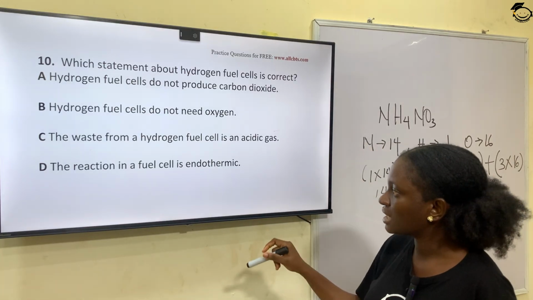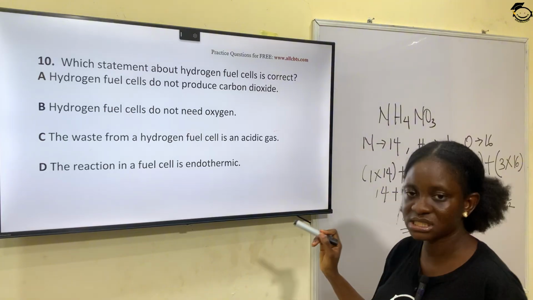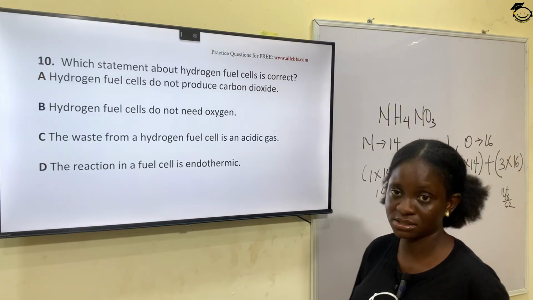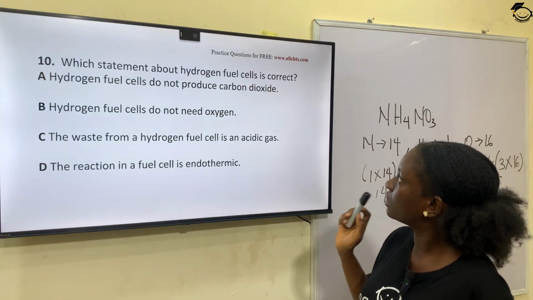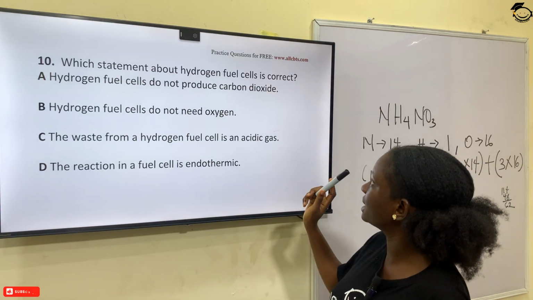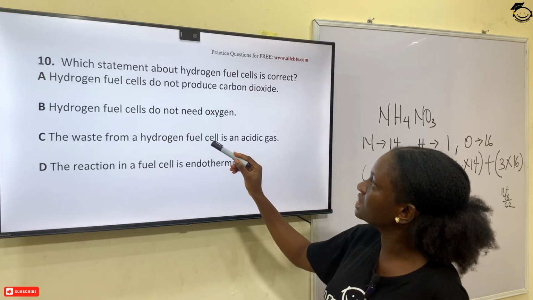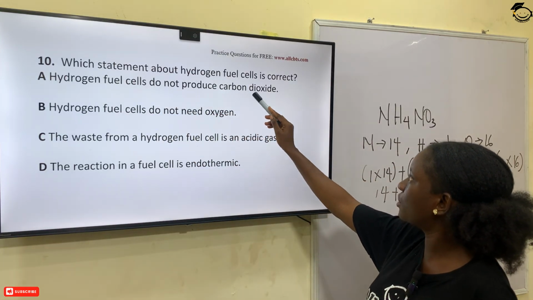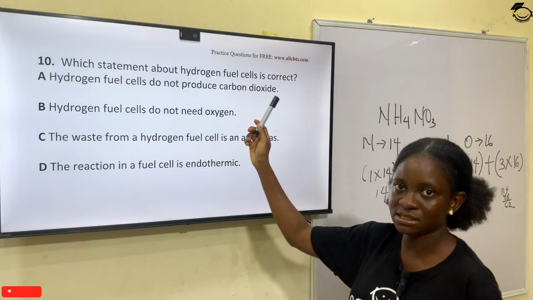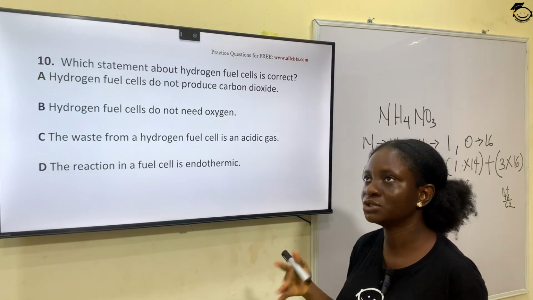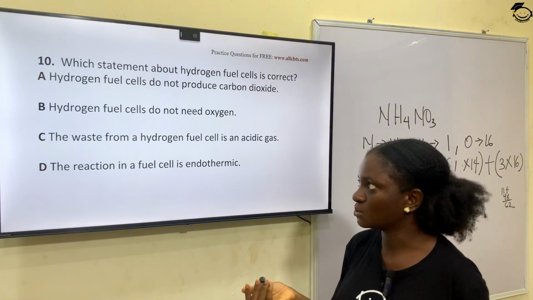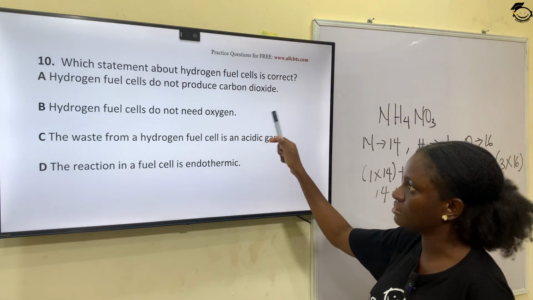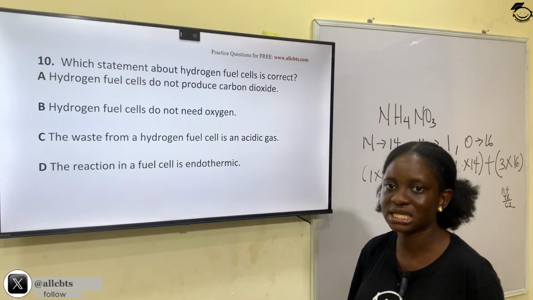D. The reaction in a fuel cell is endothermic, that means it absorbs heat from the surroundings. The only one that is correct here is that hydrogen fuel cells do not produce carbon dioxide. They normally produce water as the waste. So they do not produce carbon dioxide. Option A is the correct answer.